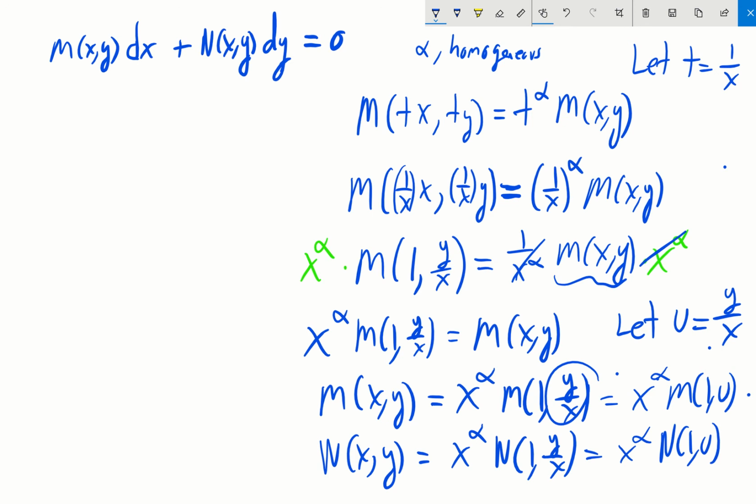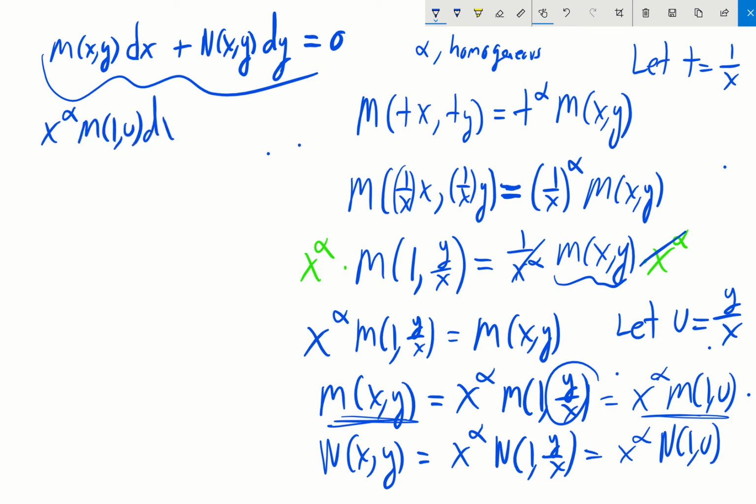We're going to take that and plug it into our original differential equation. Everywhere I see an m of x comma y, I can replace it with x to the alpha m of 1 comma u dx, plus everywhere I see an n of x comma y, I can replace that with x to the alpha n of 1 comma u dy equals 0.